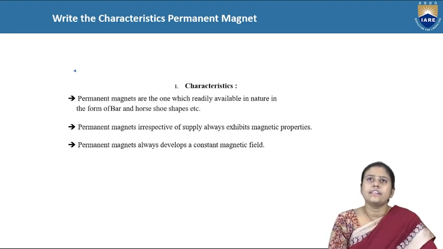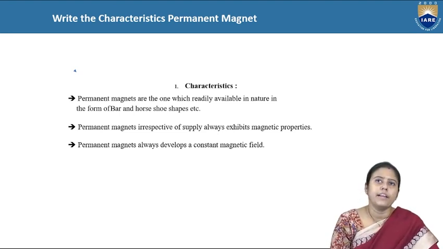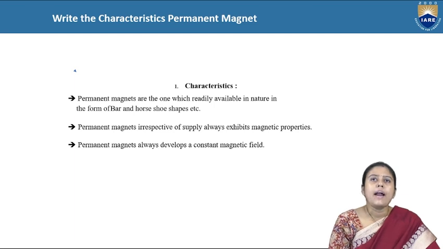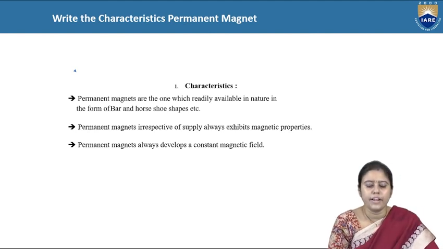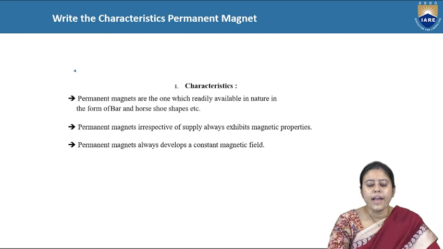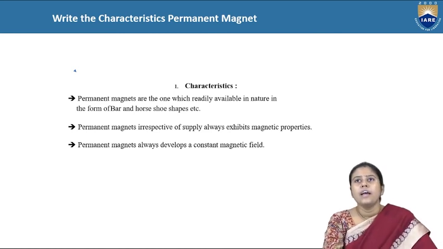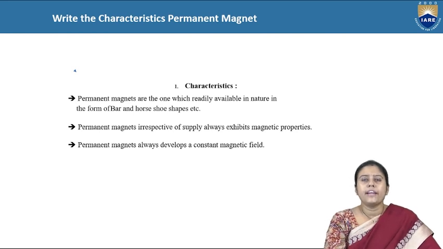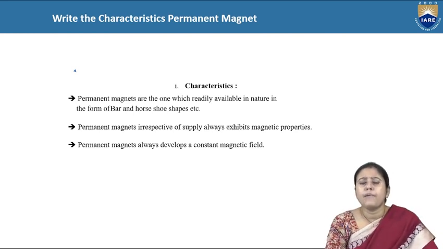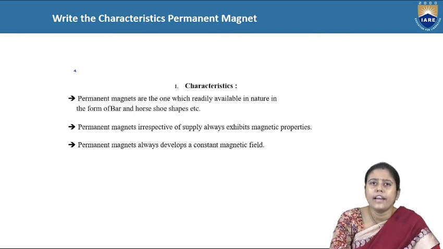Write the characteristics of a permanent magnet. Permanent magnets are readily available in nature in the form of bars or horseshoes. A permanent magnet, irrespective of supply, always exhibits the magnetic property. For a permanent magnet, there is no need to give any power or any current.